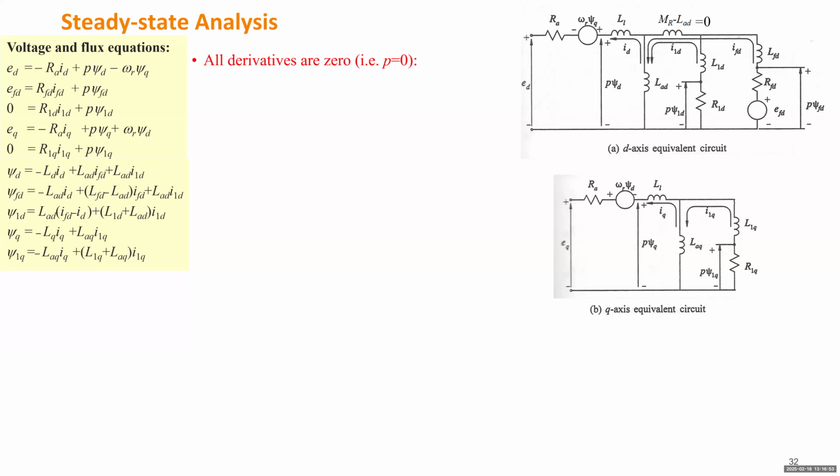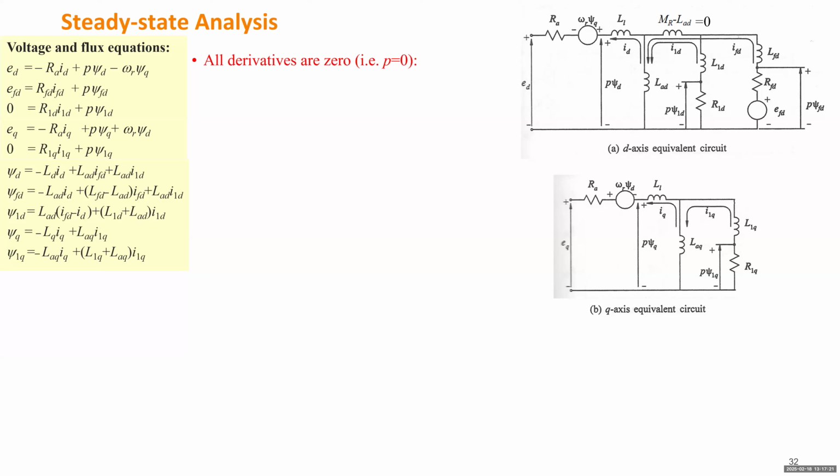So the first thing we know is that for steady state condition, all derivatives are zero, because the system is at equilibrium. So we can ignore any variation. Because variation in this set of equations would indicate some flux or current or voltage changing with time.